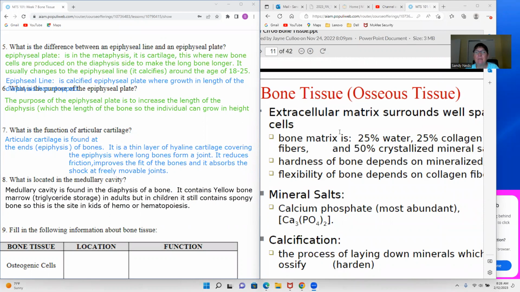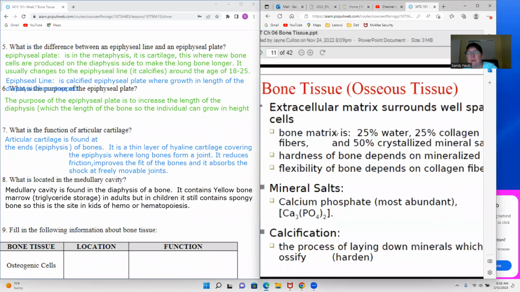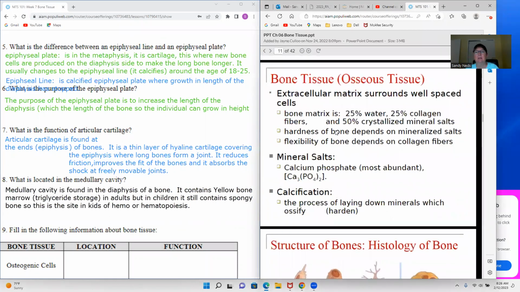And we know that bones, the tissue, bones are osseous. So anytime you see os, O-S-S, or osteo, O-S-T-O, that means bone. So bones are made up of 25% water, which is kind of hard to believe.